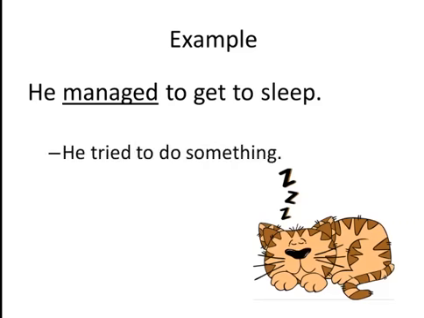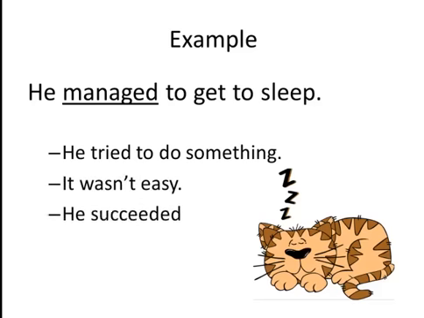So managed is the idea of trying to do something that wasn't easy but that you did do it. You succeeded. Those are the three elements of the word managed. If you tried something that was difficult and you didn't do it, then clearly that's not managing to do it. If you tried something that was easy, that wasn't managing to do it.